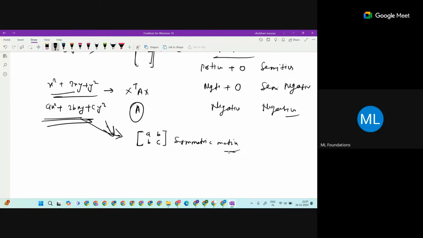If it is in higher, say 3 variables, then if you do one practice, you will be able to write the matrix A there. It is ax square plus by square plus cz square plus 2 times some xy, plus 2 times yz, plus 2 times xz, and some coefficients are also there.